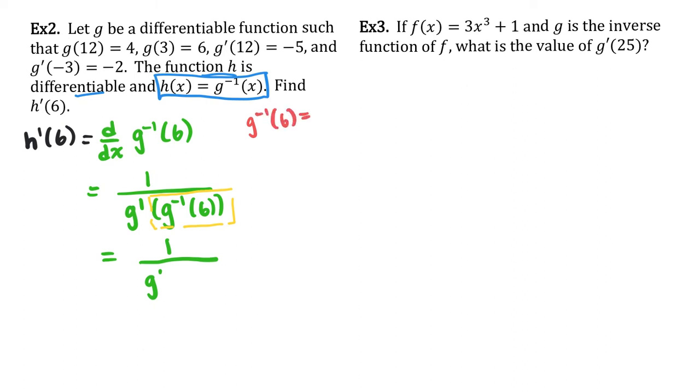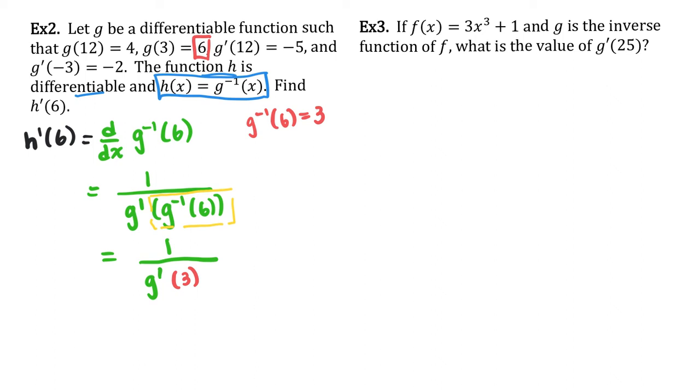Since it's an inverse, I'm trying to figure out what x value gives me a y value of 6. So where is it? G of 12 equals 4, g of 3 equals 6. So since g of 3 equals 6, g inverse of 6 is going to equal 3. Weird, yes? But if it's inverse, you look for the input that gave you that output.